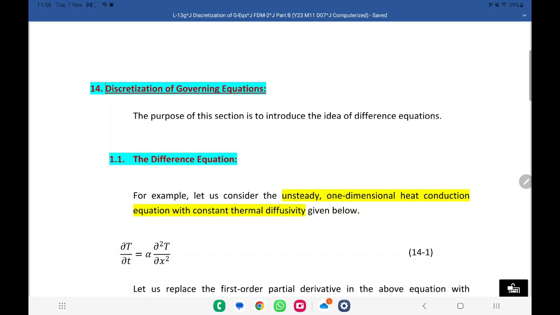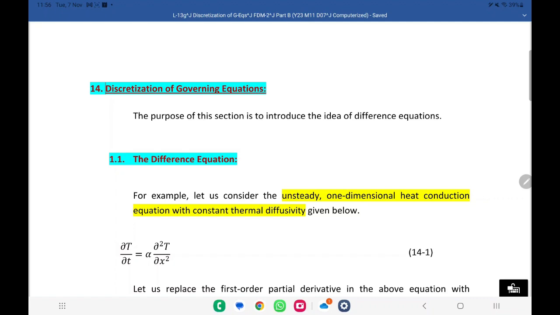Now what we are going to do is discretize the equation. Earlier we discretized the derivatives. Now we are discretizing the equation. Once we discretize the equation, we have an algebraic equation before us which we have to solve. So that technique is the second part.